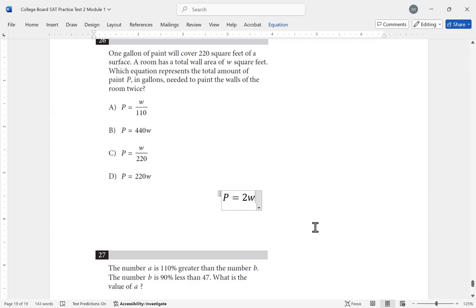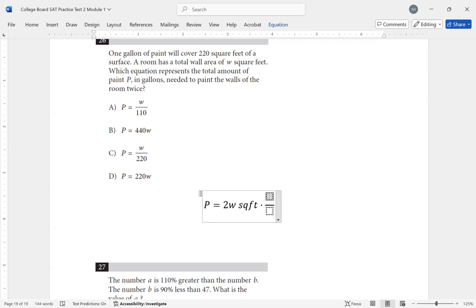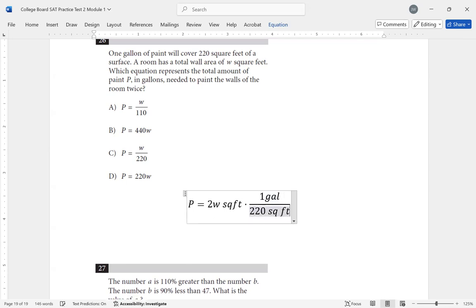And because each gallon covers 220 square feet, think about it like this. One gallon covers 220 square feet. So multiplying 1 gallon times 220 square feet, the square feet will cancel each other out. And we'll get P in gallons.